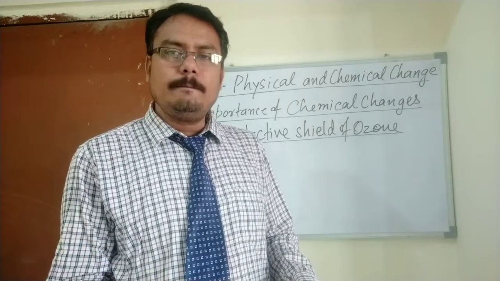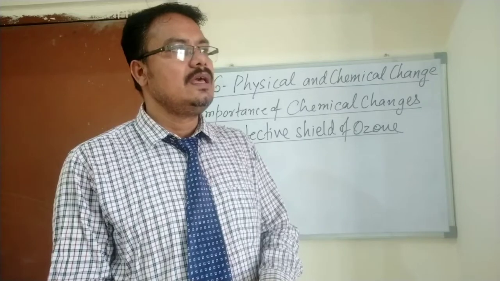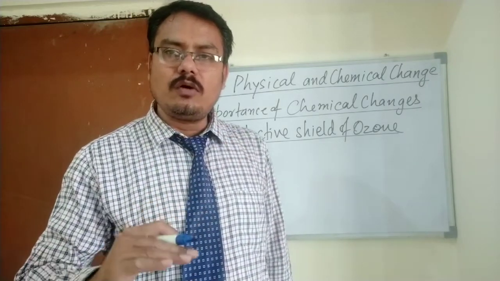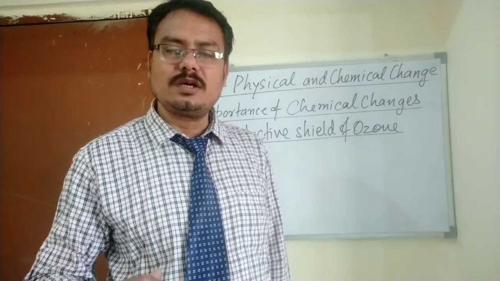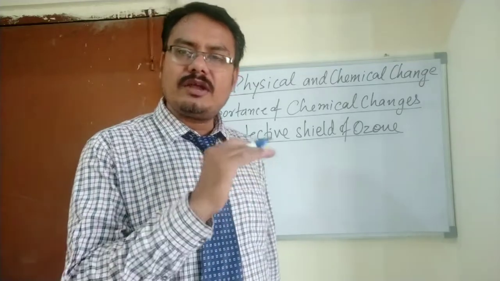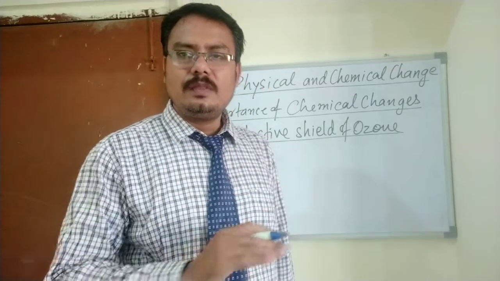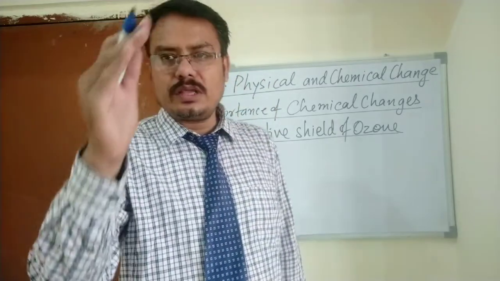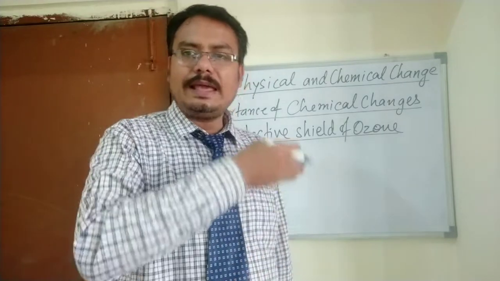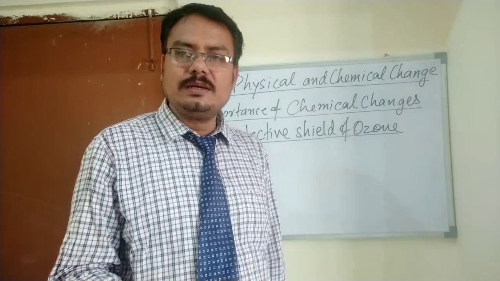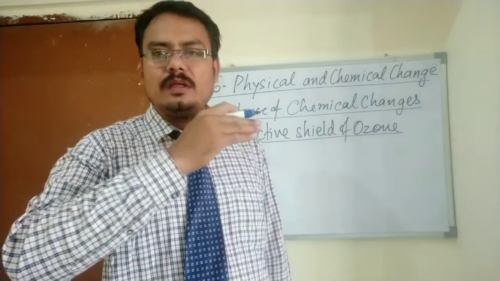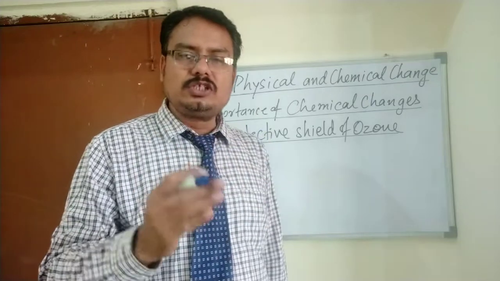But these ultraviolet rays are guarded from touching our lithosphere, the Earth's surface. And who is stopping these ultraviolet rays from reaching the Earth's surface? This ozone gas layer is totally surrounding our Earth like a blanket and a protective shield, so that from anywhere they can't reach the Earth's surface.